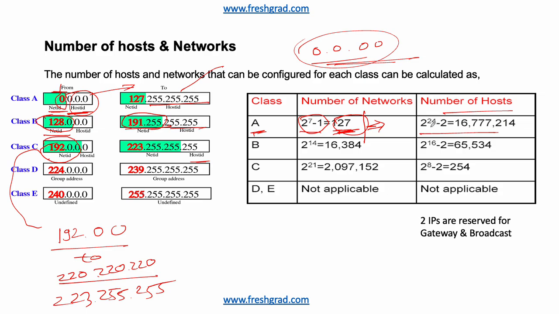2 raised to power 24. How did we get the 24? We got 24 from the digits, right? Remember, our IPv4 is 32 bits. So we have 4 octets, right? First, second, third, and fourth, and each octet has 8 bits.